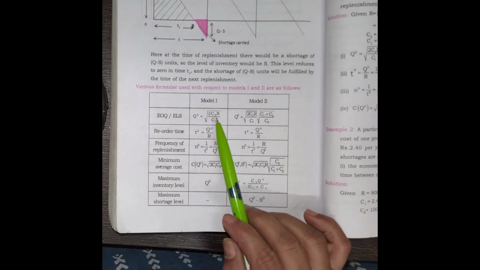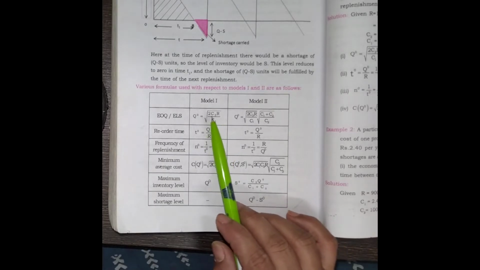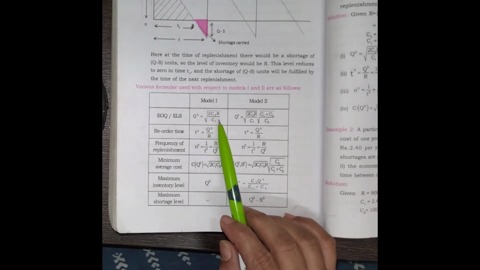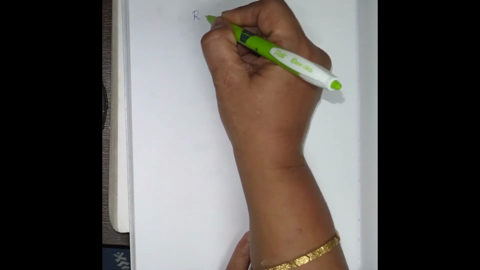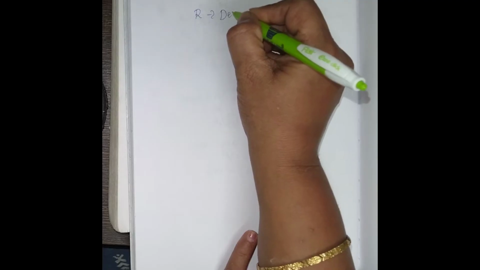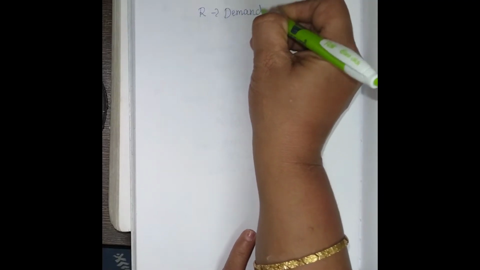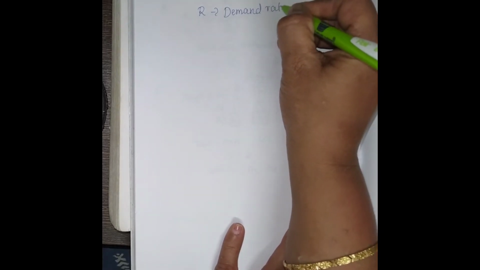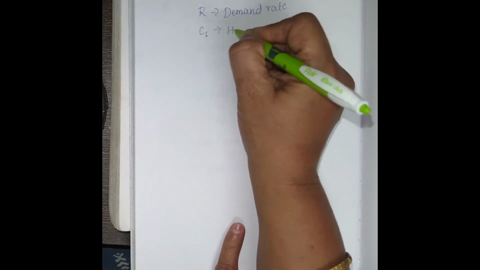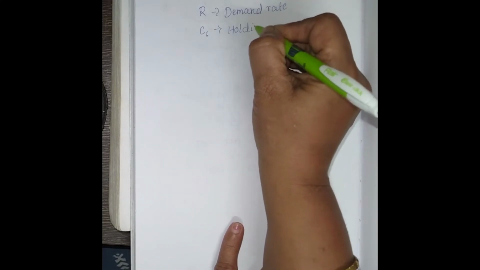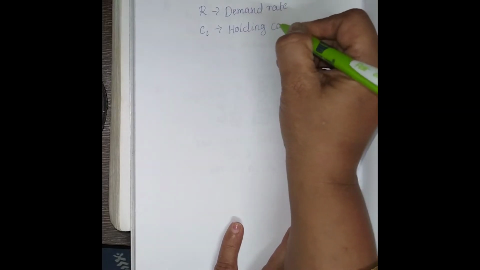Model 1 has no C2 value. What are C3, R, C1? Here R means the demand rate. C1 is the holding cost or carrying cost.